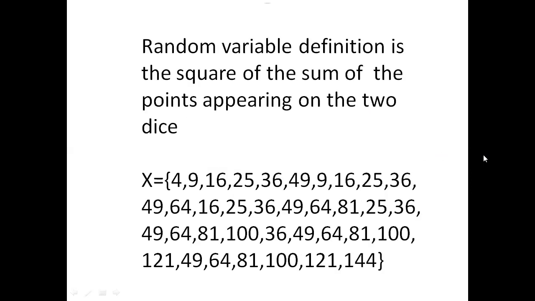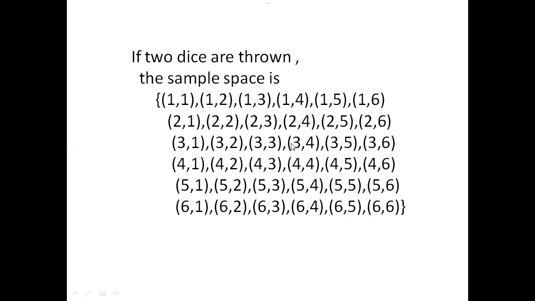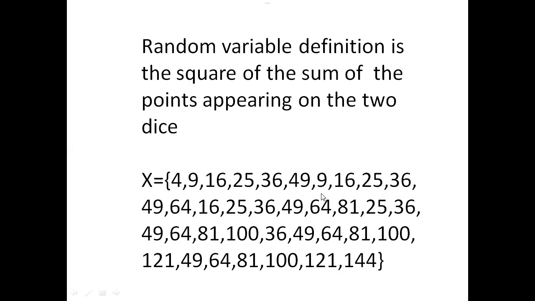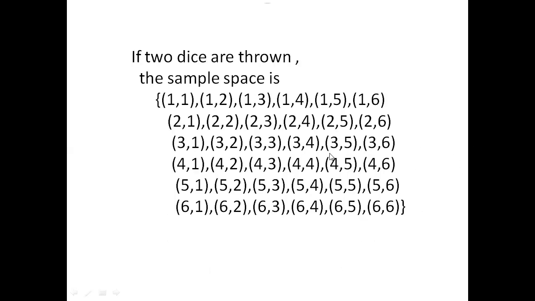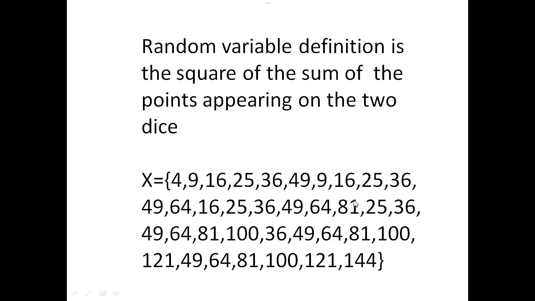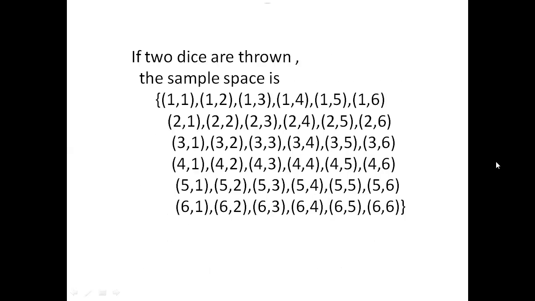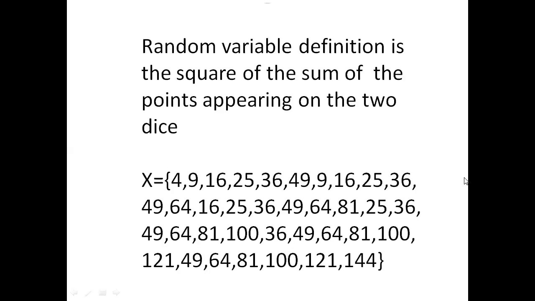Square of 6 is 36. 3, 4. The sum is 7. Square of 7 is 49. 3, 5. Sum is 8. Square of 8 is 64. 3, 6. Sum is 9. Square of 9 is 81.